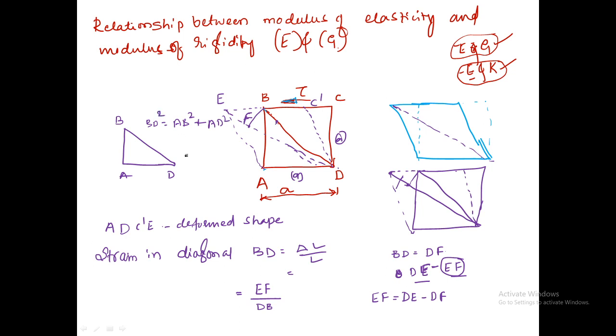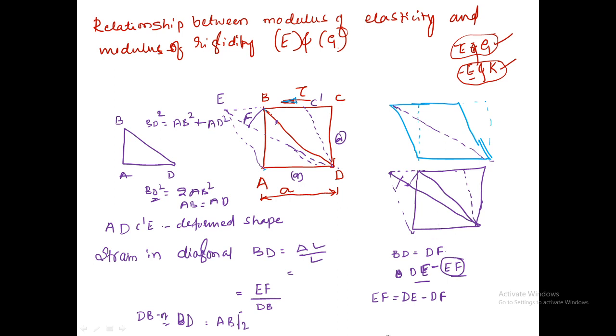Now BD square equals 2 times AB square, because we have gone for unit dimensions, AB equal to AD. Now what will we get? BD equal to AB into root 2. You check out the geometry.